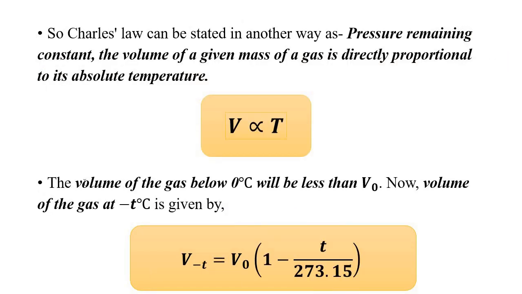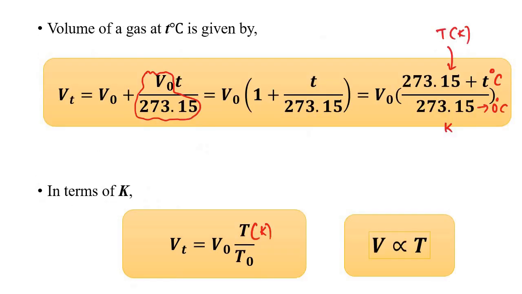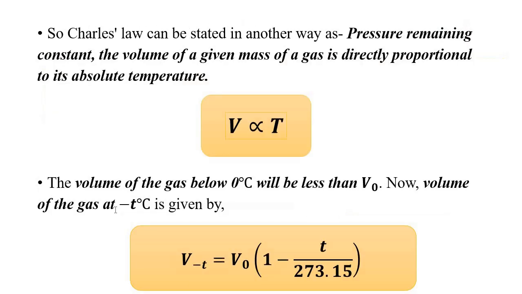Now here, if we take a temperature below 0 degrees Celsius, as per this relationship, say minus t, then the volume at that temperature will be given by V0 into 1 minus t by 273.15.